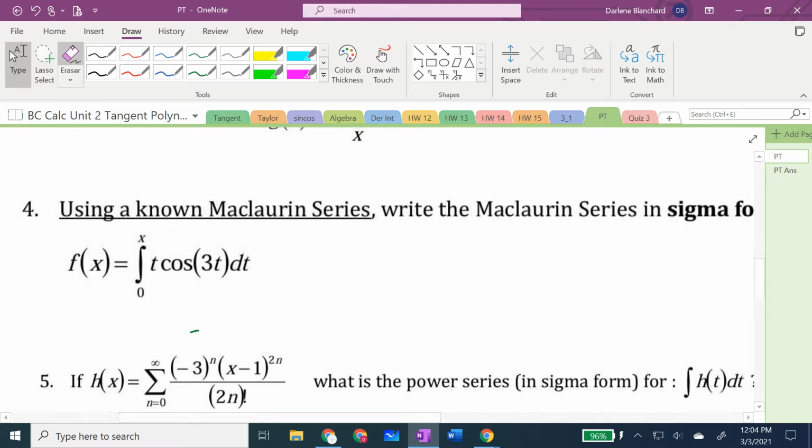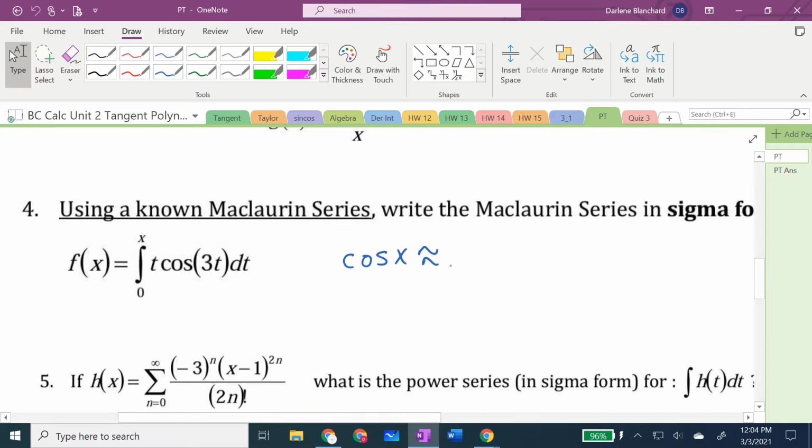Using a known series, you see that cosine x is in there, so we're going to start with cosine. Keep in mind that cosine is an even function. If you look at the graph of cosine, it's symmetric to the y-axis.